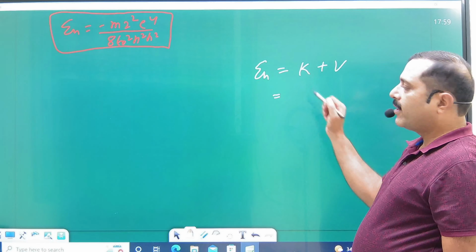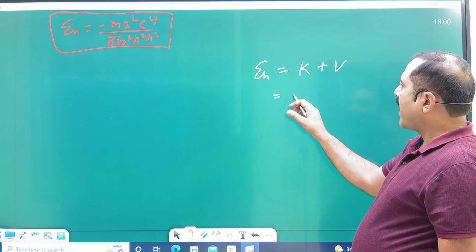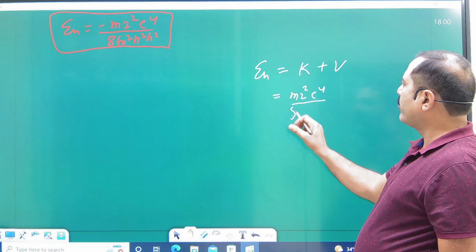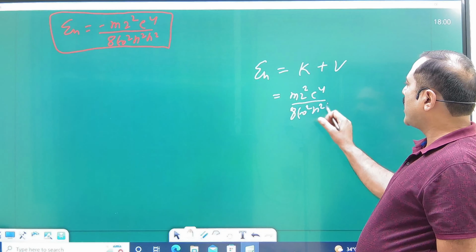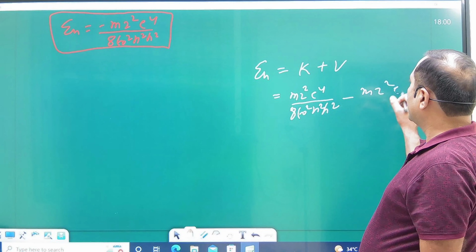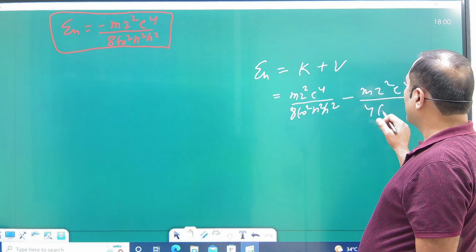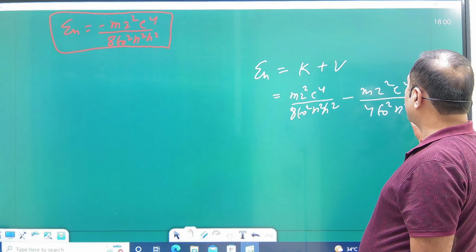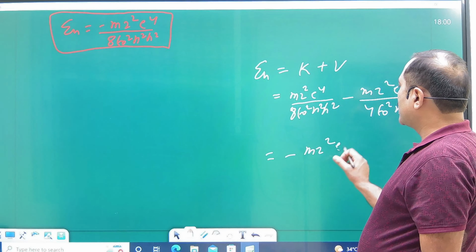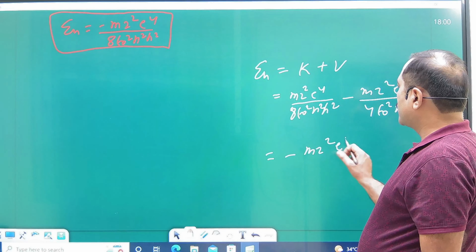After putting the values of V and r, the value was m Z square e to the power 4 by 8 epsilon square n square h square minus m Z square e to the power 4 by 4 epsilon square n square h square, and finally we get minus m Z square e to the power 4 by 8 epsilon square n square h square.